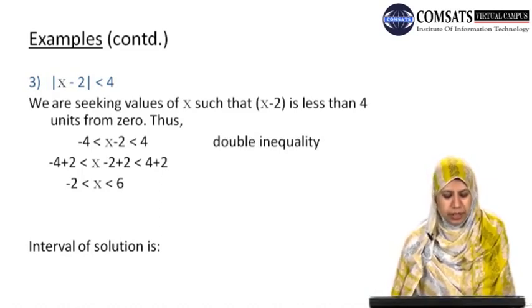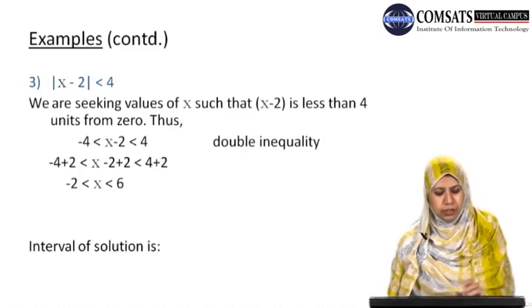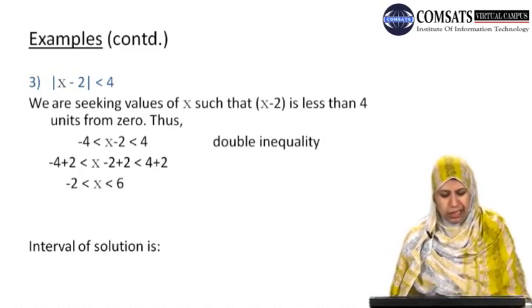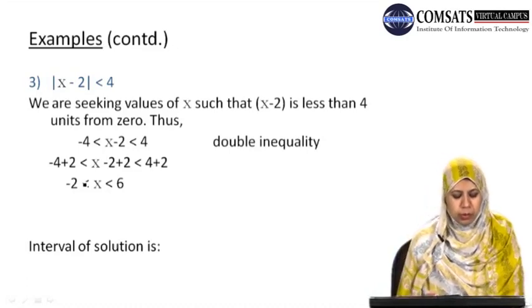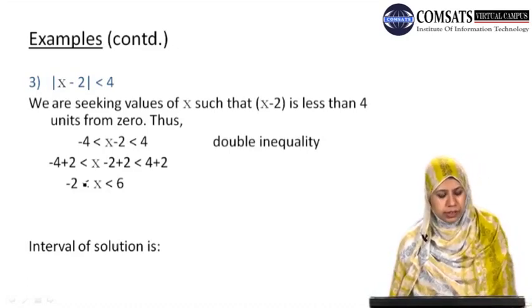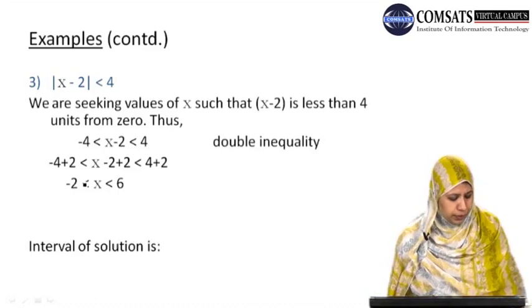Here we have a double inequality, and we can solve it. First we isolate the variable and add 2 on all sides, that is minus 4 plus 2 is less than x minus 2 plus 2 is less than 4 plus 2, and we obtain minus 2 is less than x is less than 6.